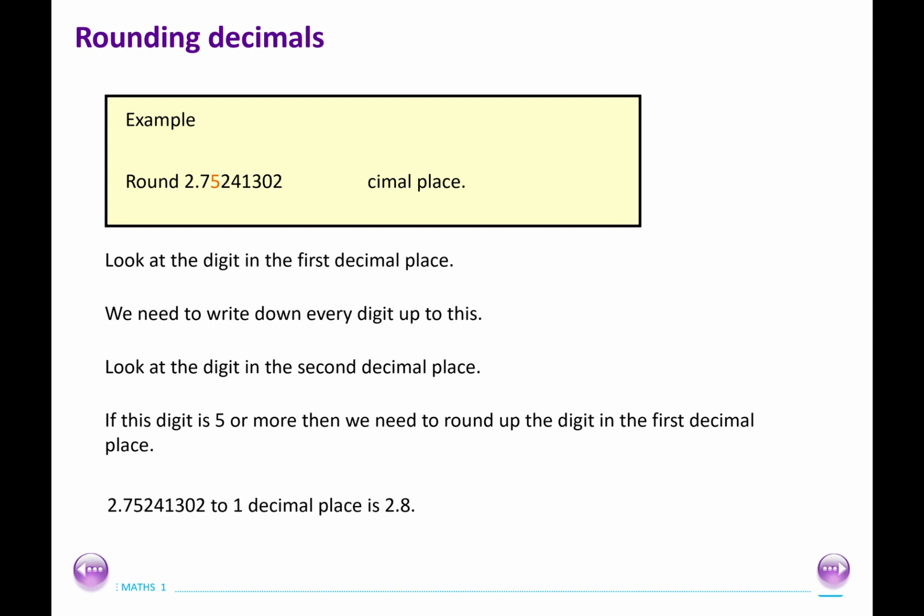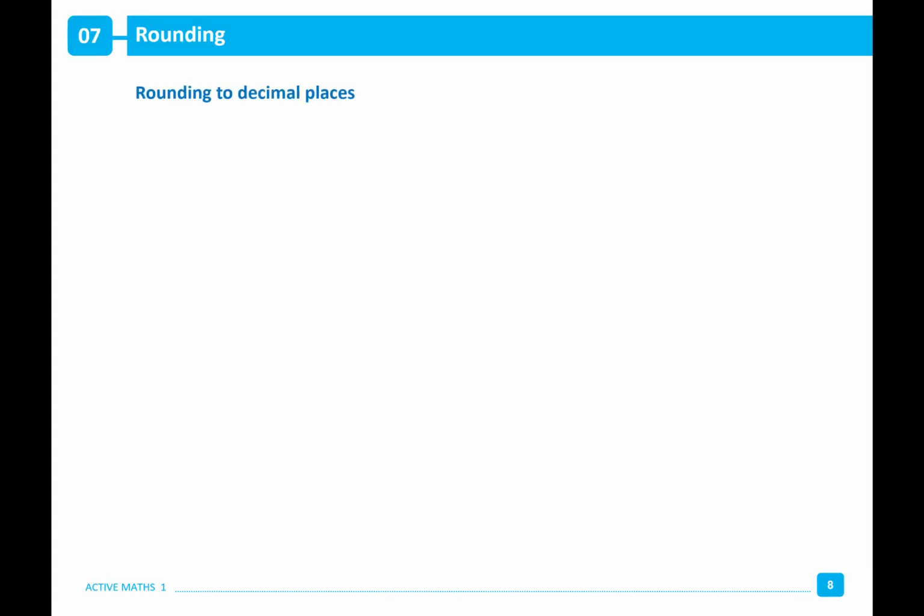Let's try another example. We're given the number 3.141592654, and we want to round it correct to one decimal place. Please remember your steps. We need to keep everything up to the first decimal place.